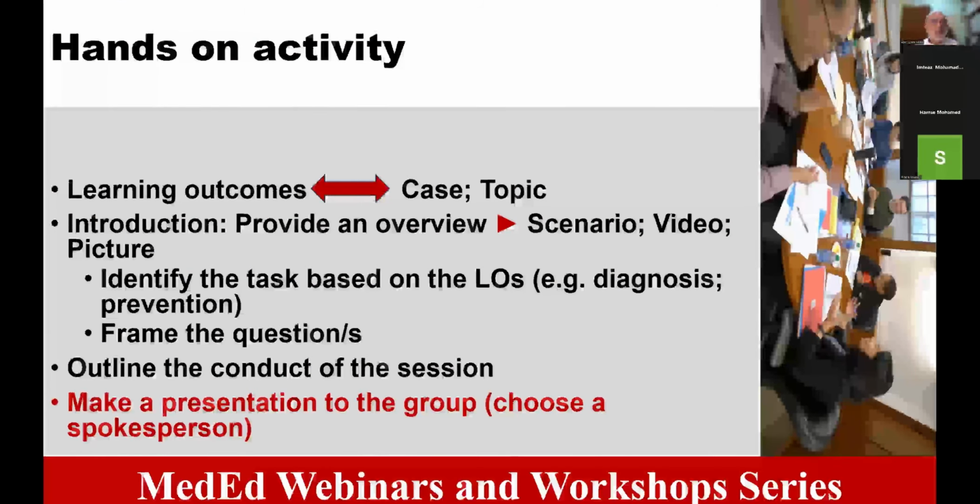Now each group first has to identify learning outcomes and accordingly a case or a topic, or you can reverse it. You have a topic and then you identify the learning outcomes. And then you have to develop a scenario. You can also search the internet and maybe pick up a video or pictures on that.